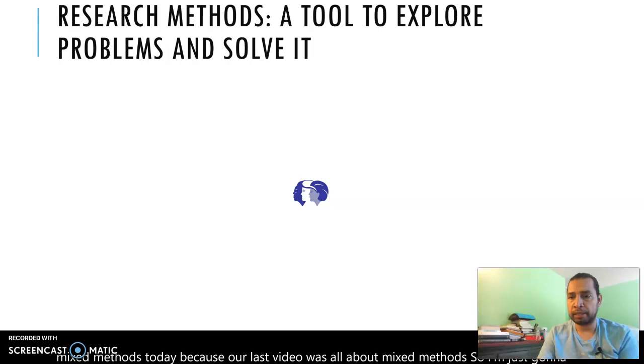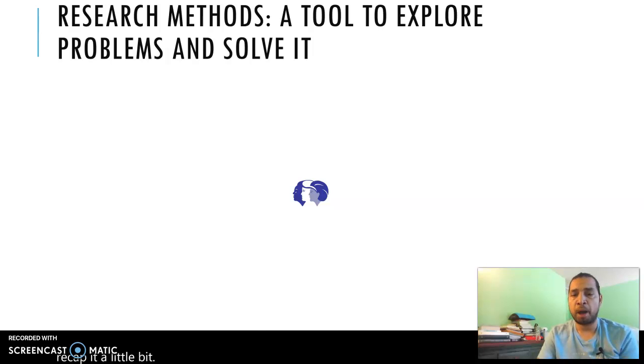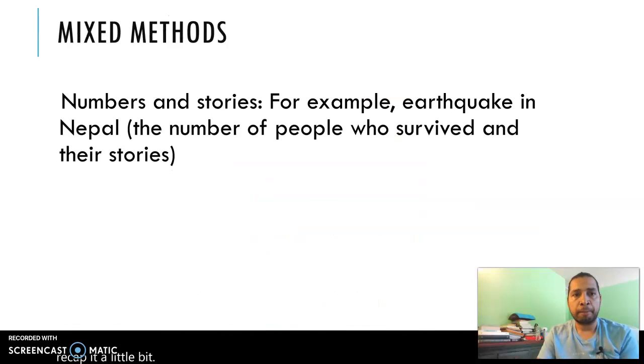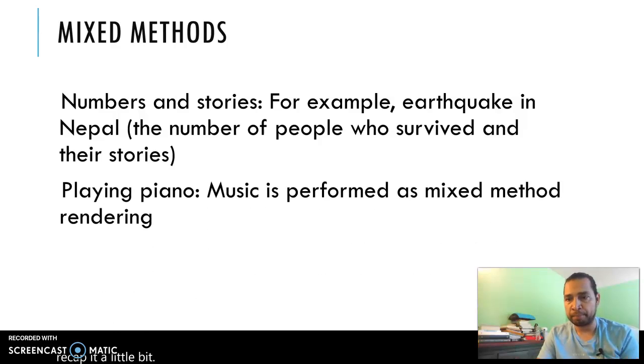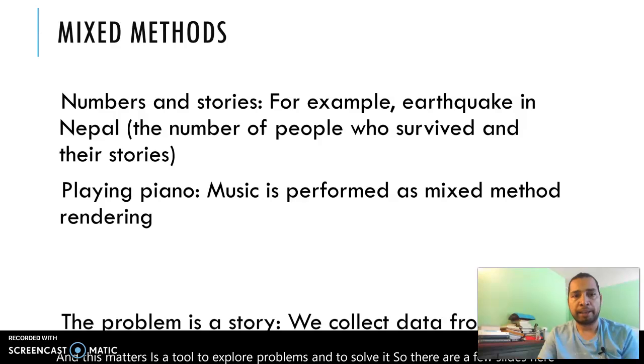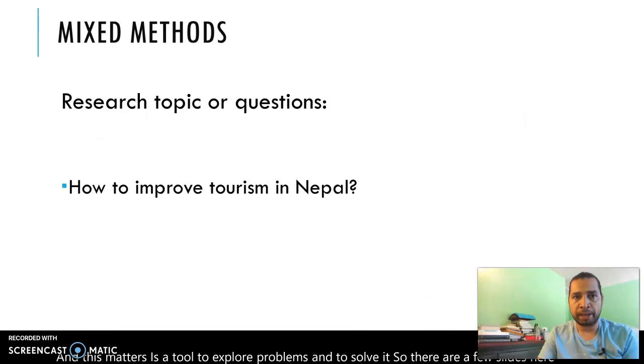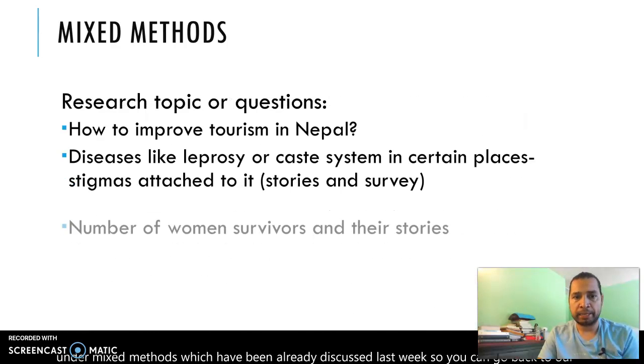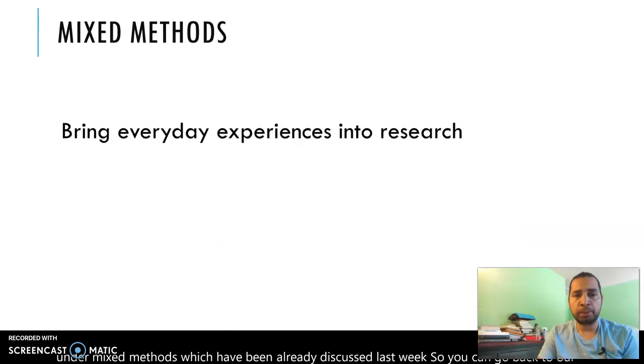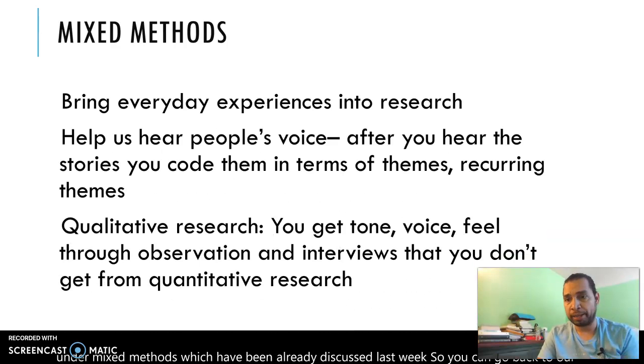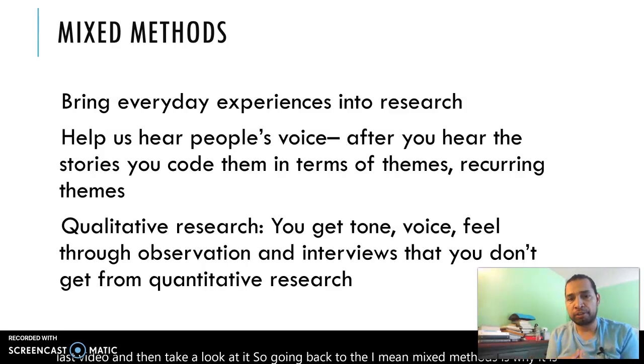Research methods are a tool to explore problems and to solve them. There are a few slides here under mixed methods which have already been discussed last week, so you can go back to our last video and take a look at it. Mixed methods are important because they combine both quantitative and qualitative research methods.